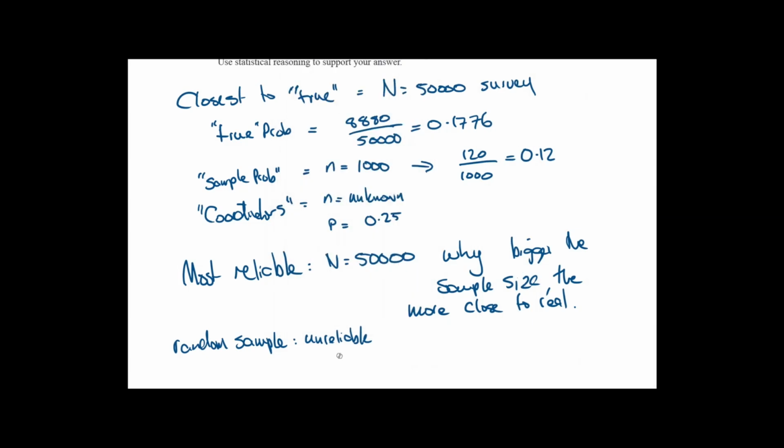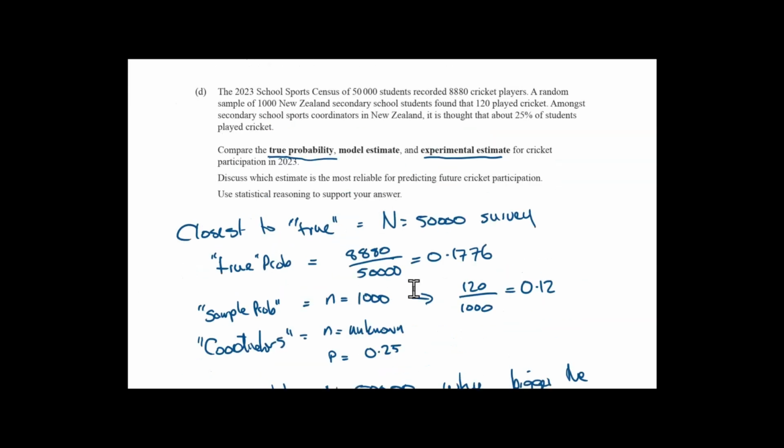It's 32% greater than the true probability, which is a problem. So most reliable is the first one, 50,000. Least reliable is these cricket coaches, and in the middle there is the random sample.